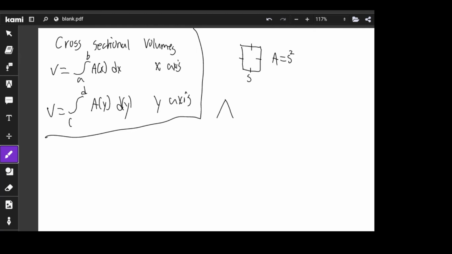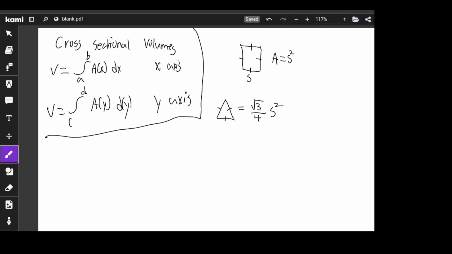Next up, if we have an equilateral triangle, the area is going to be root 3 over 4 S squared.